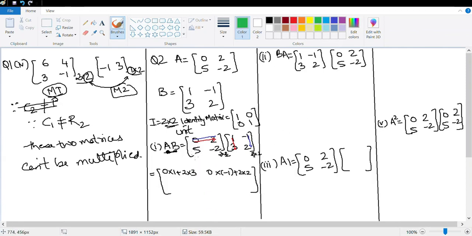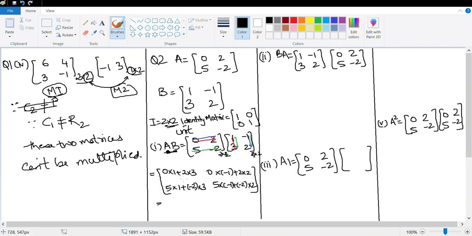Next, I take the second row and first multiply it with this column and then later with this column. It will be 5 into 1 plus negative 2 into 3, and the fourth element will be 5 into negative 1 plus negative 2 into 2.